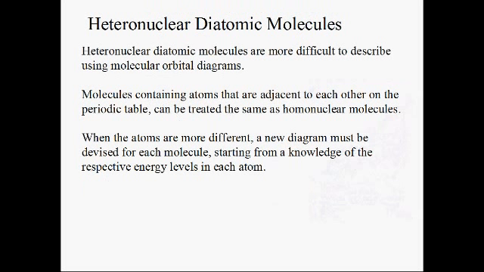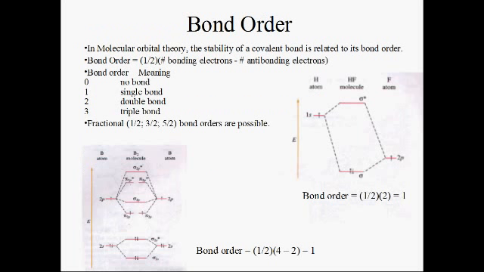For heteronuclear diatomic molecules, these are more difficult to describe because the atomic energy levels do not match. So they come in at different energies, and we need a little bit more processing power to determine the levels of both the atomic and the molecular orbitals. So this diagram on the right is showing how a heteronuclear one looks.